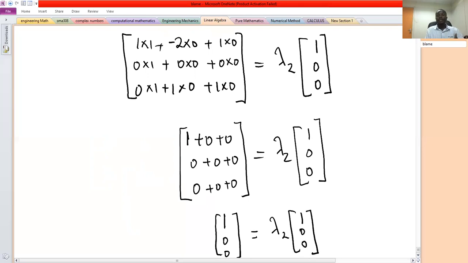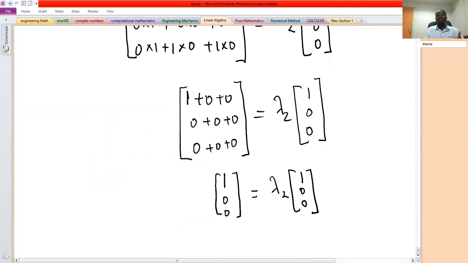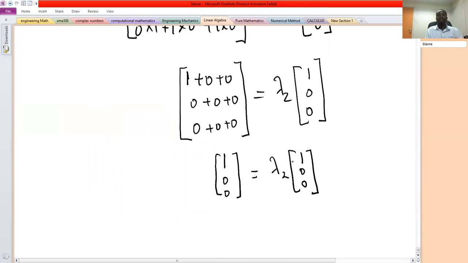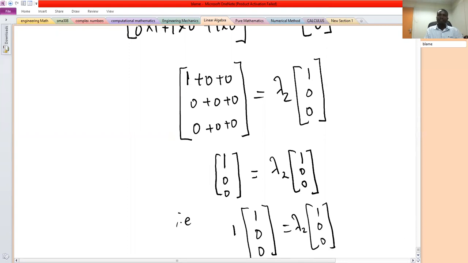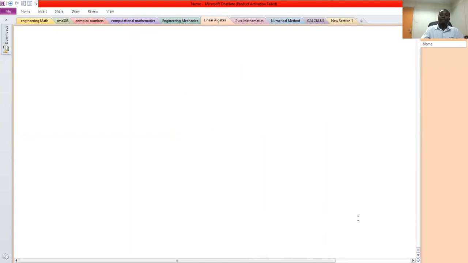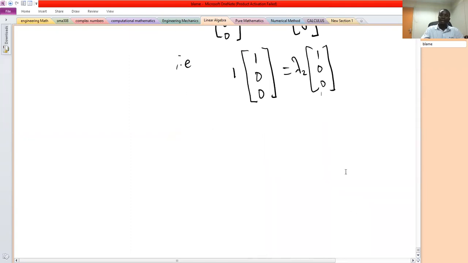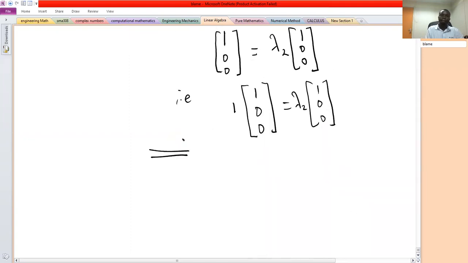And you see, indeed, this vector on the left-hand side can be written as a linear combination of this. So i.e. 1 is the scalar times 1, 0, 0 equals lambda 2 times 1, 0, 0. So it implies that lambda 2 is 1.